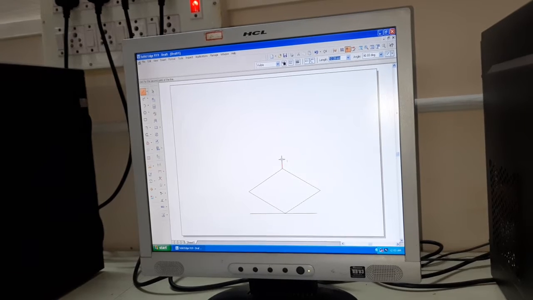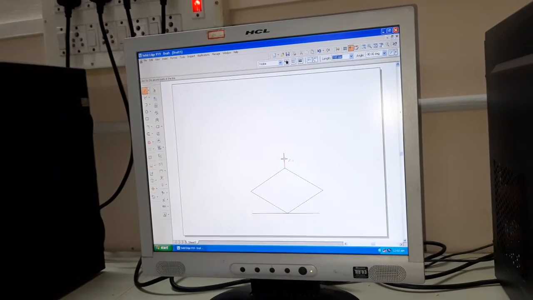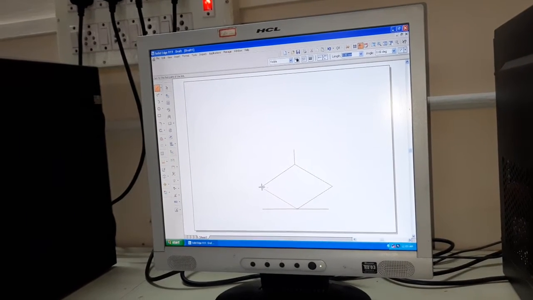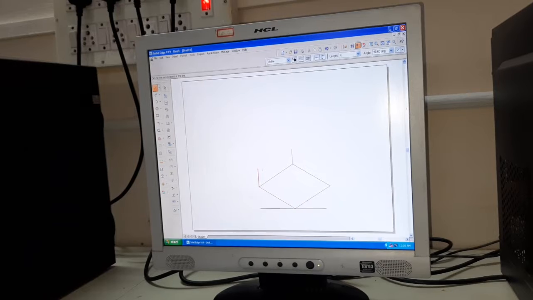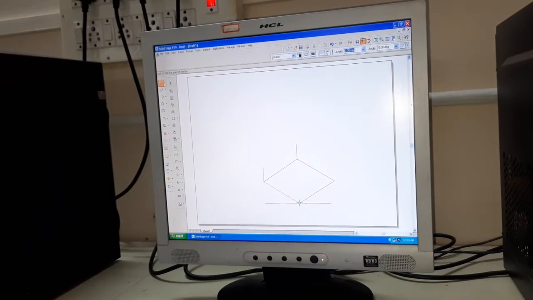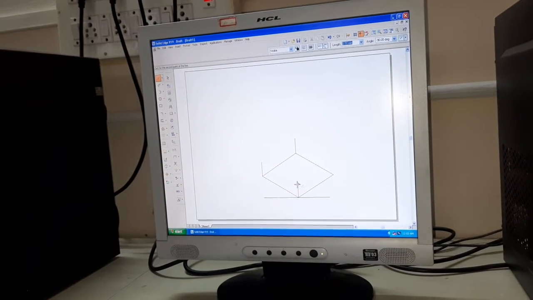Let us add a height of 20 mm to all the four corners. Let us raise the height by 20 mm to all the four corners of the slab.